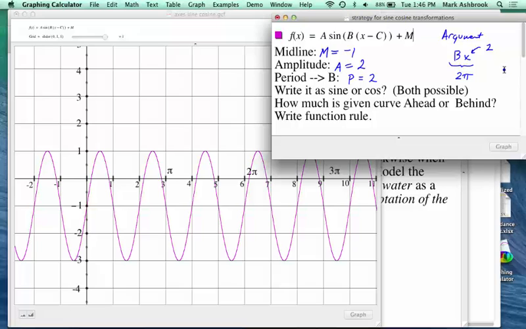And we know that's going to be when the input hits 2. So this tells us we can get what b is. We got b times 2 equals 2 pi, and that's the value of b that we need for this function, which is pi. So our coefficient b will be pi.